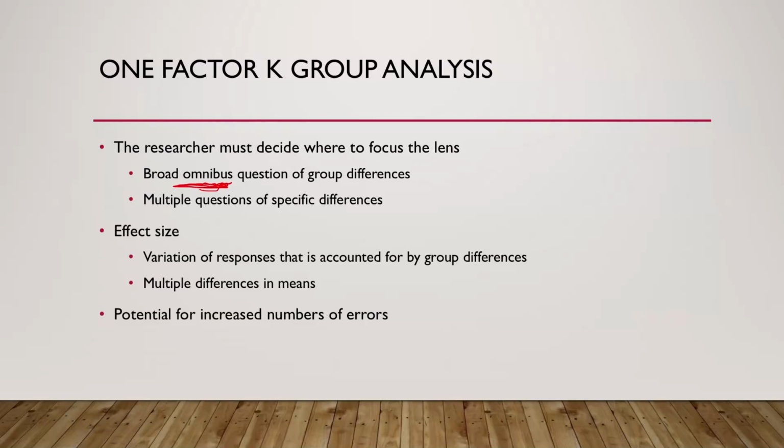Omnibus simply means that you are looking at all groups at the same time to see if there are any differences. In this context, the omnibus method is to look to see if there's any differences in any of the K group means. In general, omnibus simply means that you look at all the data at once.